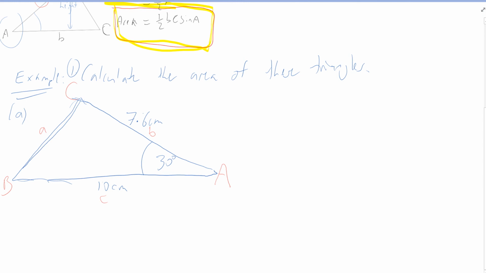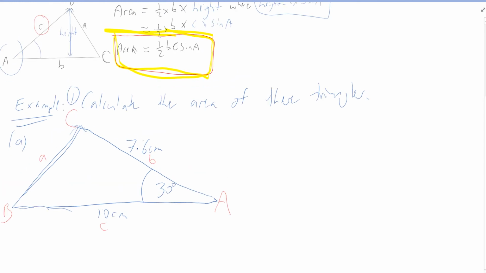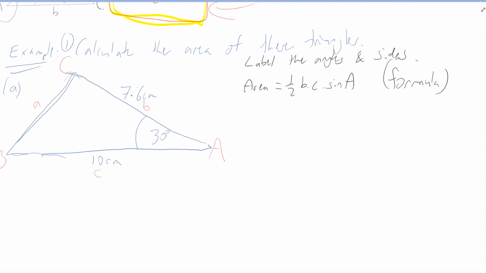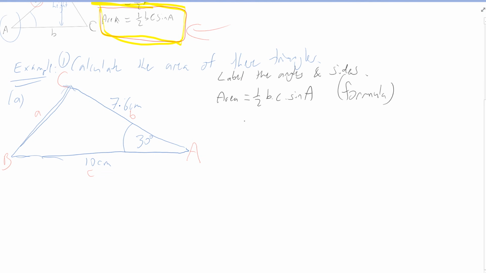Next thing we want to do, after we've labelled, is copy down this formula here. That one. So, area equals half times b times c times sine of a. So step one was to label the angles and the sides. Step two is to write down the formula. And then step three is to substitute the numbers from the question into that formula. So half, and then b and c. B is 7.6 centimeters, so half times 7.6. C is 10 centimeters, so times 10.